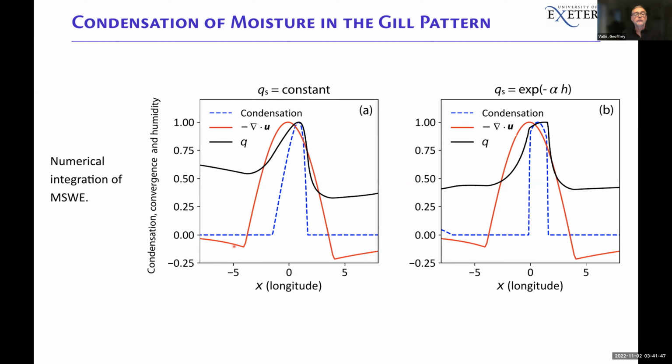So the red line is the convergence of the velocity, and the blue line is the condensation field. And here we have it again, with slightly different parameters. The red line is the convergence of the velocity. The dashed blue line is the condensation. It's always slightly to the east of where the initial convergence is.